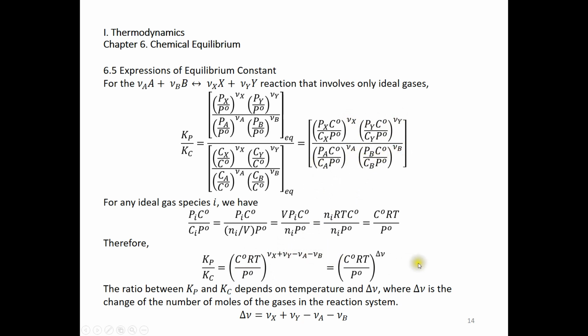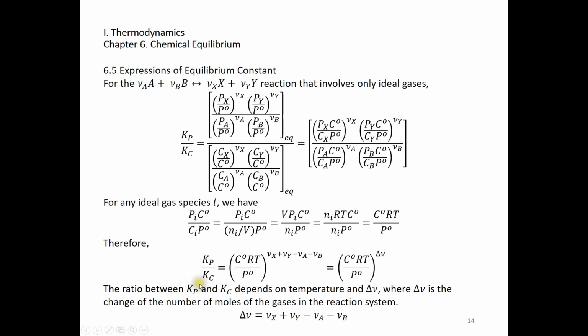So we have this. Now we define delta nu. Delta nu is the change of the coefficient in the reaction, and this is just the coefficients in front of the products minus the coefficients of the reactants over here. And then over here we have C naught RT over P naught. Given the temperature, we should be able to calculate this. Given delta nu, we should be able to calculate Kp over Kc.